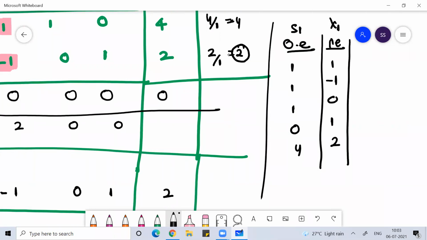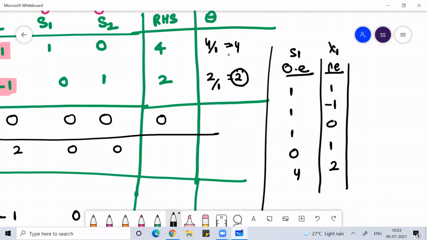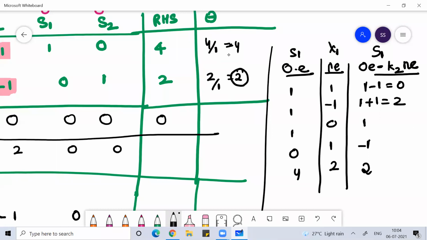We use the formula: old element minus constant into new element, and that will give you the new values of s1. So 1 minus 1 is 0, 1 minus minus 1 is 2, 1 minus 0 is 1, 0 minus 1 is minus 1, and 4 minus 2 is 2. The constant here is 1, the pivot element.